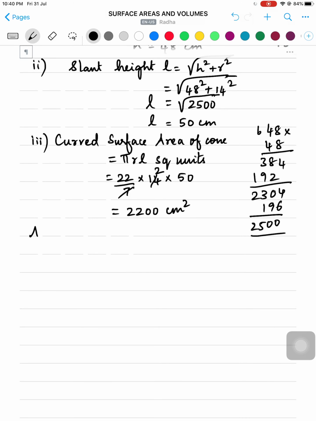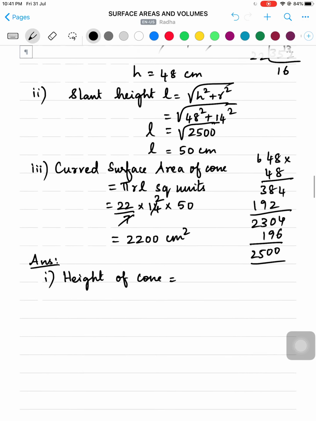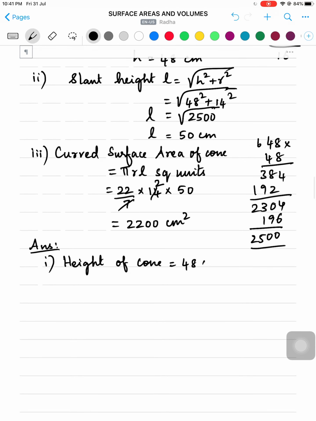So what is the answer? First one, they are asking you to find the height of the cone. What is the height of the cone we found? 48 centimeters. And the second one, they asked you to find the slant height of the cone. So what is the slant height of the cone?